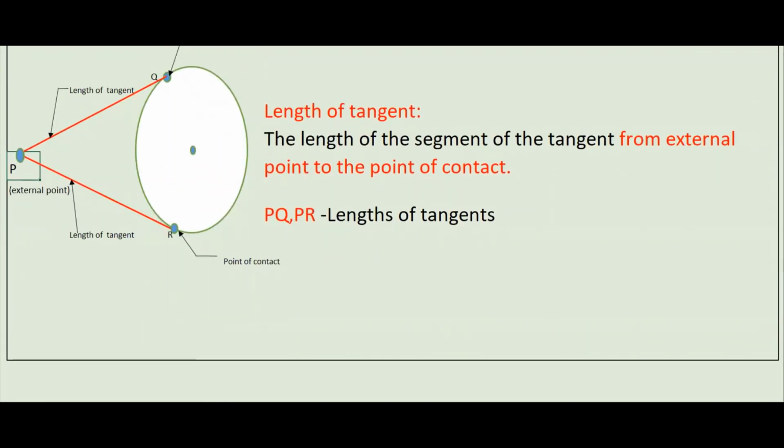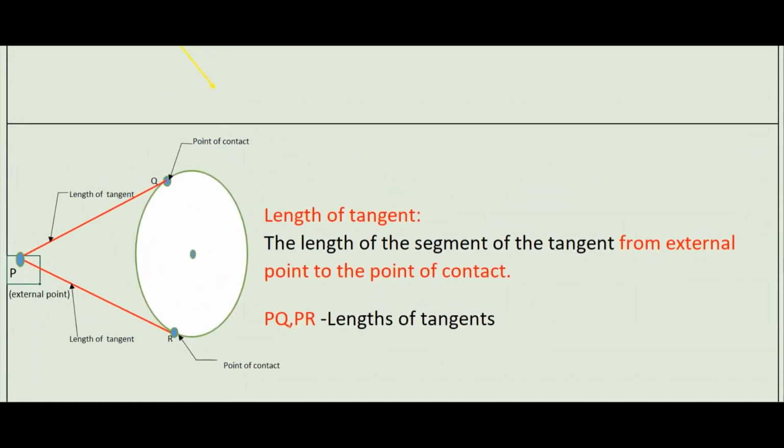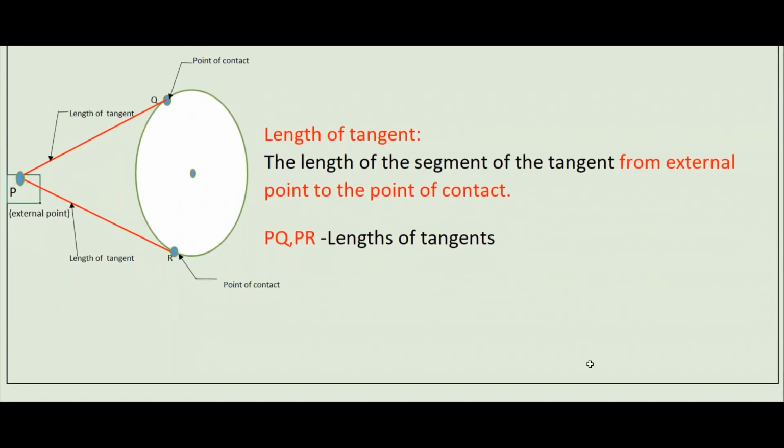If you see this figure, you can draw only two tangents from an external point. Here, P is an external point.